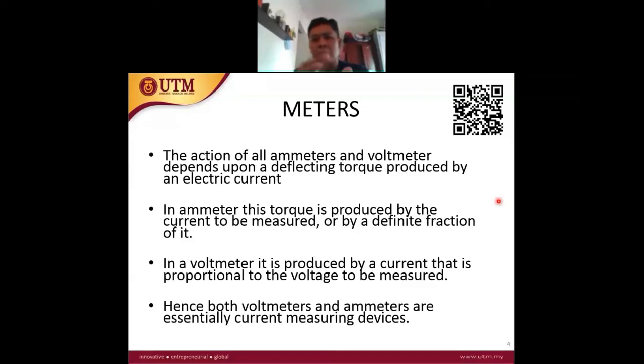So then you have a rotation. So it's good for you to recall your understanding about motors.